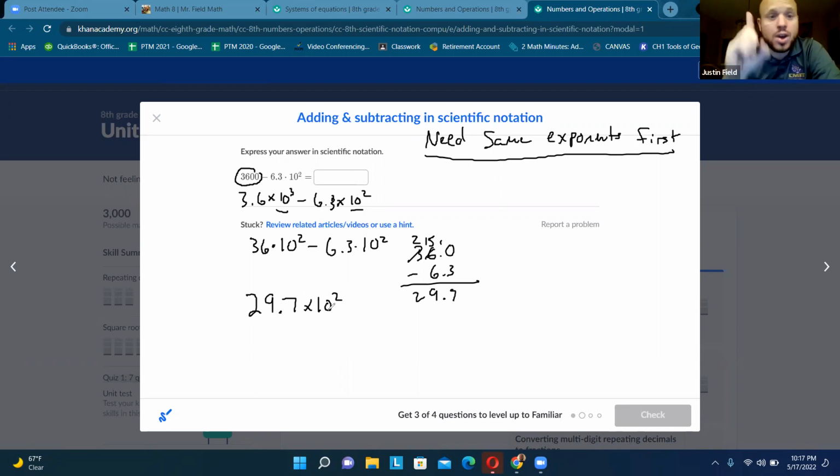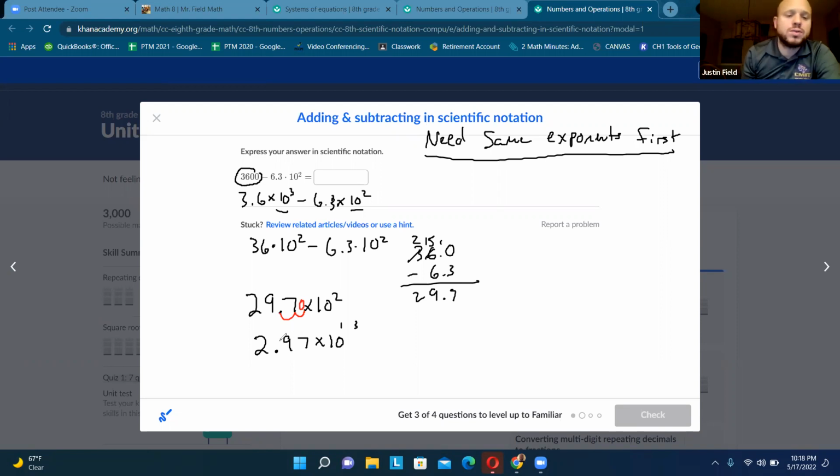But wait, we cannot put that in because it's not in scientific notation. We need to make it 2.97 times 10 to the what? Should it be 1 or 3? Let's think about it in standard form in order to figure that out. So 29.7 times 10 to the second would mean we are moving the decimal point to the right 1, 2 spaces, so it has 1 0.